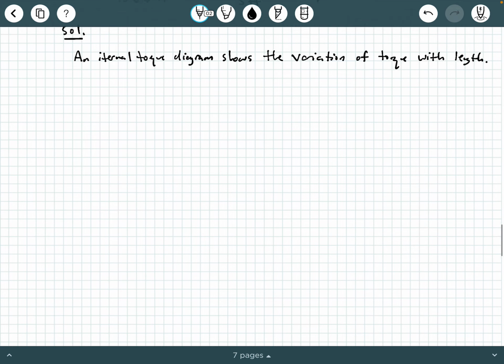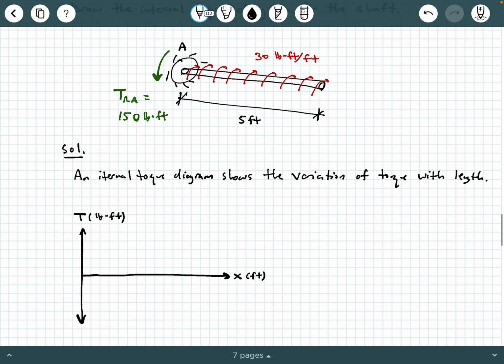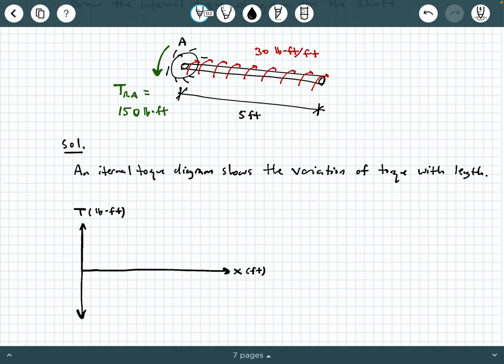So the next thing we're going to do is go ahead and draw our set of axes. So here we can say x in feet, and we can say this is torque moment in pound-feet, okay? And then we need to establish some directionality here, okay?